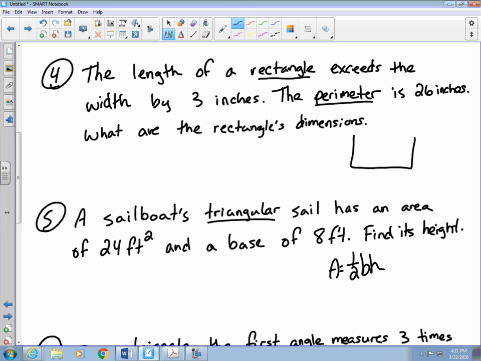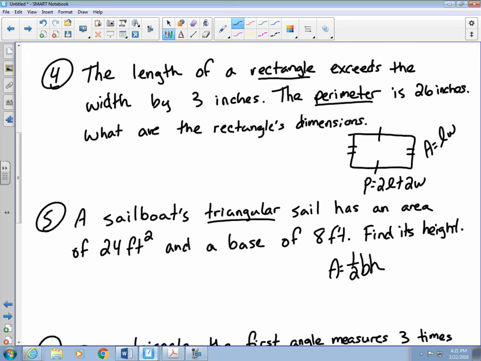In a rectangle, the lengths are the same and the widths are the same. Perimeter is the distance around the outside, so we can just double the length and then add double the width. If you had to find the area of a rectangle, it would be length times width. Those are the three major ones that you're going to be tested on.